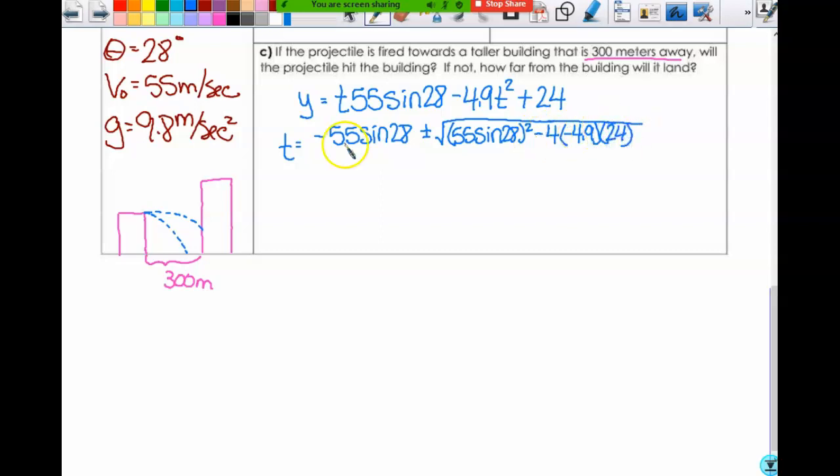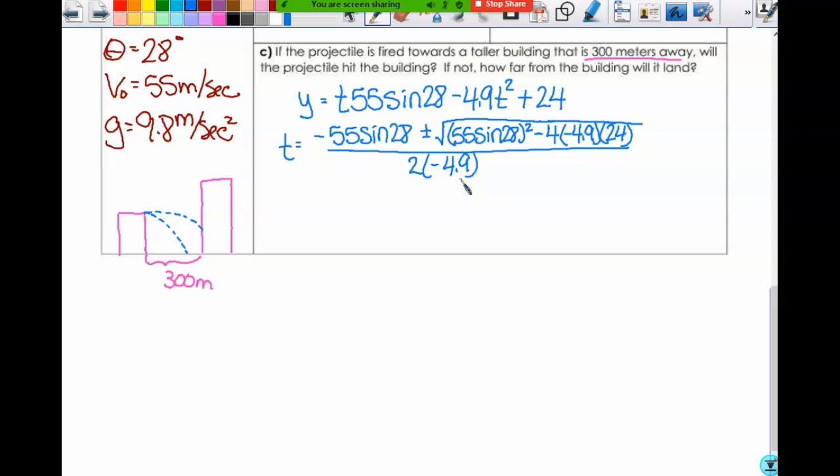So x equals negative b plus or minus the square root of b squared minus 4ac all over 2a, right? 2 times negative 4.9. This is going to give me two different answers. That's why I have a plus or minus, right?